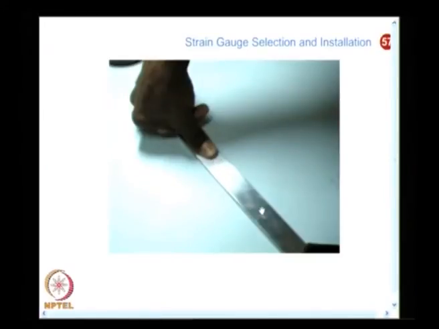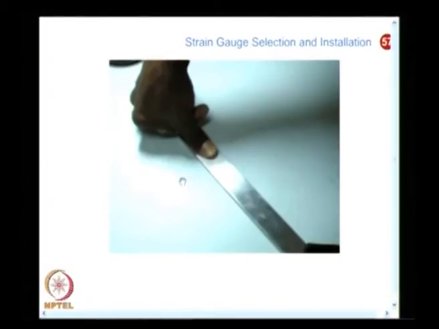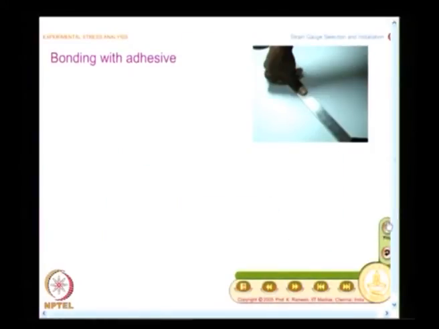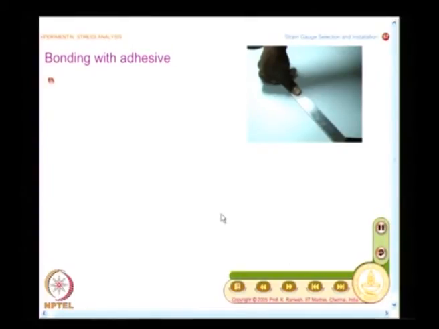So, you had the cotton gauze sponge which is used to wipe. Why do you use the cotton gauze sponge? So that you are able to apply uniform pressure. The pressure will be uniform when you do it with a cotton gauze sponge, and finally press it with your thumb, and you need to hold it for about a minute and the bonding is complete.